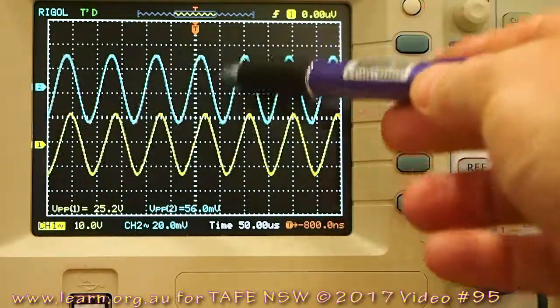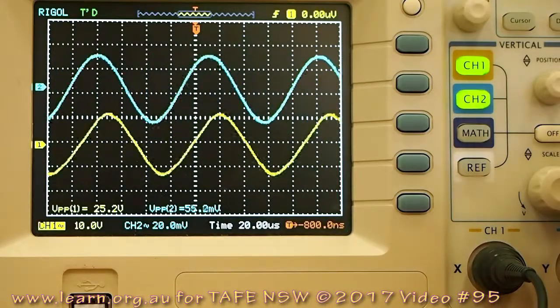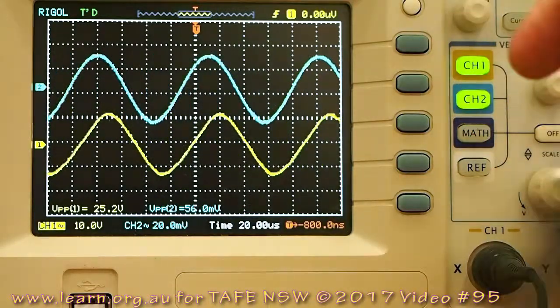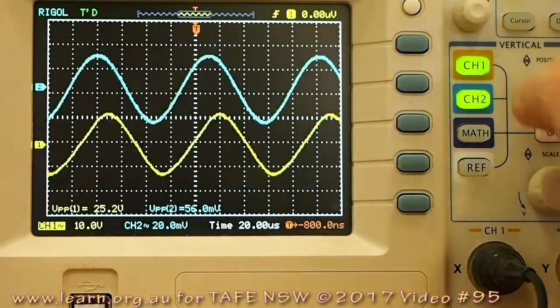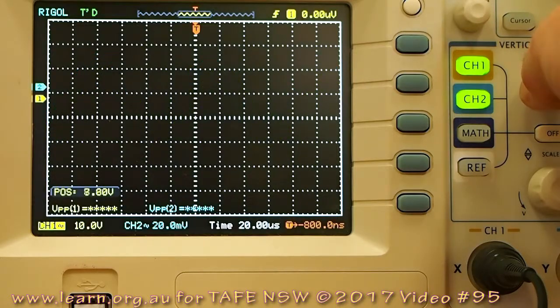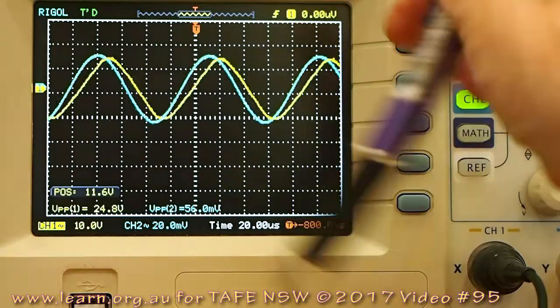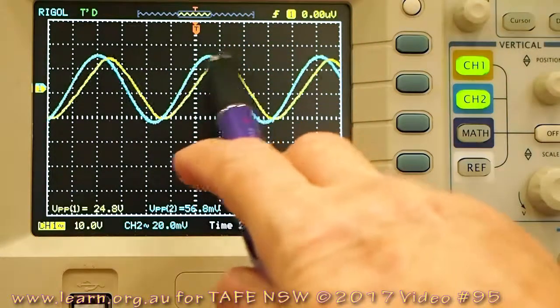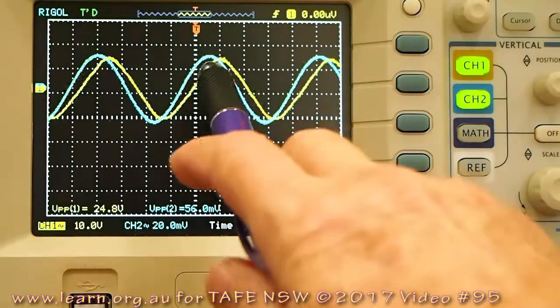Look, this is still rounded. This has got quite a sharp peak on it. I can stretch it out a little bit. Now I have got a small phase difference here, of course, between the input and the output signal. So even when I raise the output signal up here to compare it with the input, it'd be nice if I could have put the input directly over the top of the output there and look at the shape.